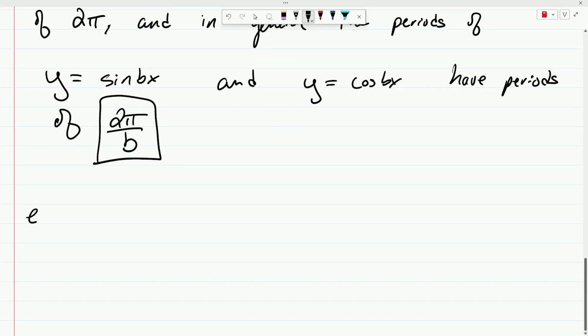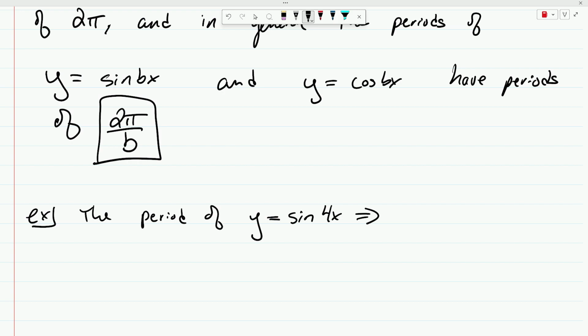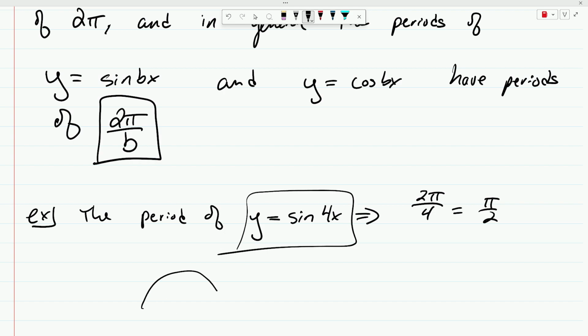So, for example, the period of y equals sine of 4x, well, that's going to be 2 pi divided by 4, which is pi over 2, which means this y equals sine of 4x, we know it looks like this for one oscillation.